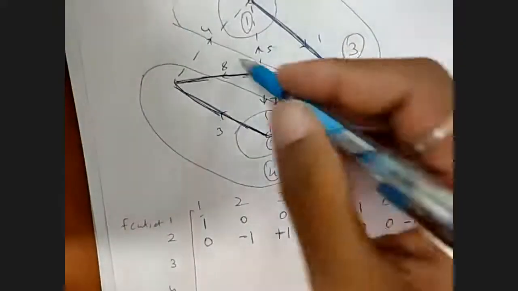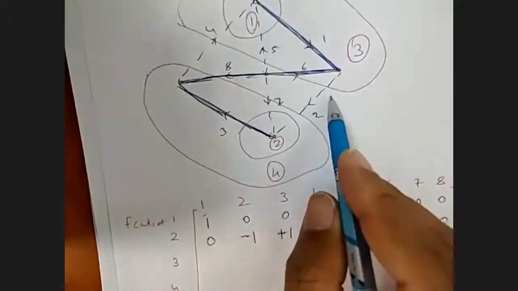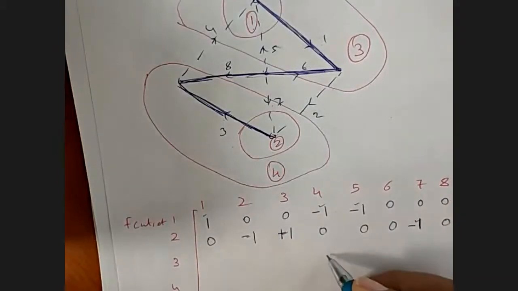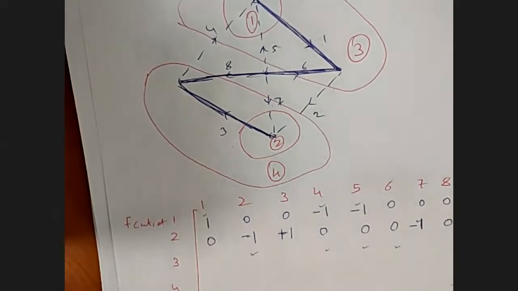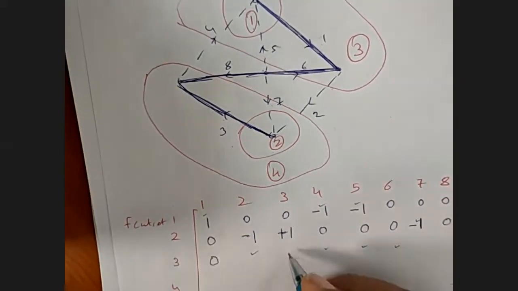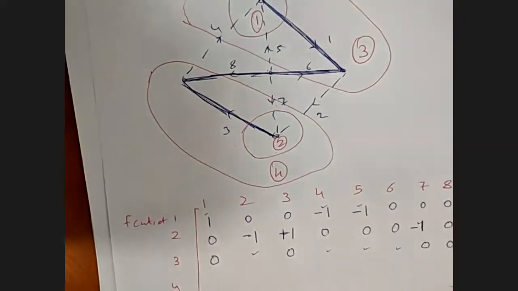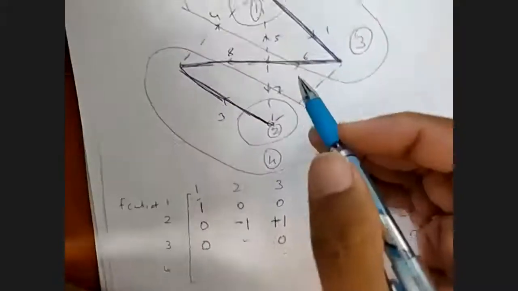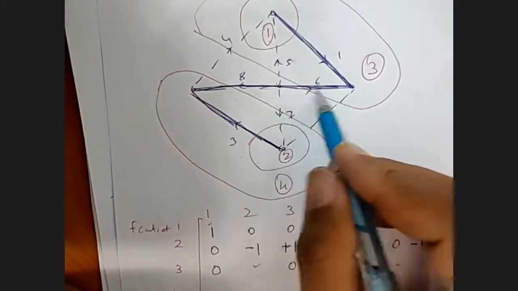Now for this twig number 6, it is cutting 4, 5, 6 and 2. That means 1, 0, 3, 0, 7, 0 and 8, 0. So now 6, it is incoming to the circle.